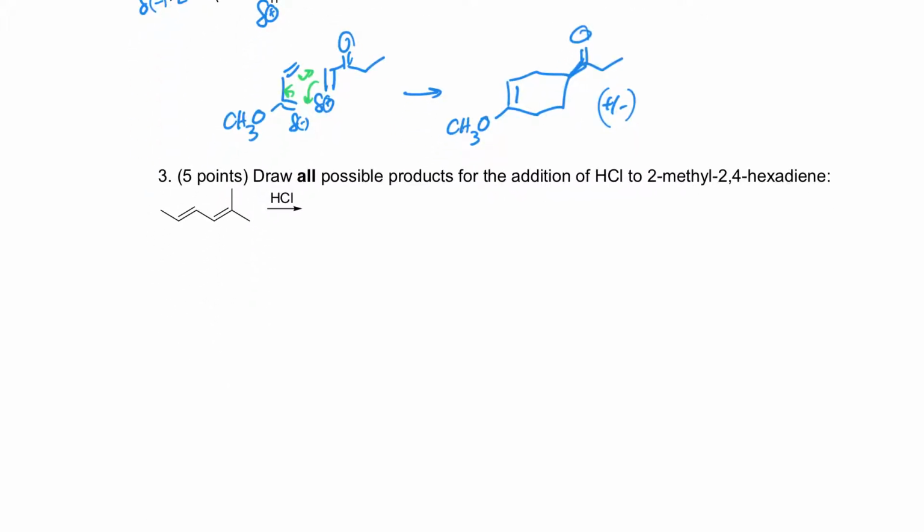Question 3 asks about all possible products for the addition of HCl to this molecule. And so we can basically put a chlorine on any of these carbons bearing the alkene, and we could also have a 1,4 addition. So we should be able to draw several options here.